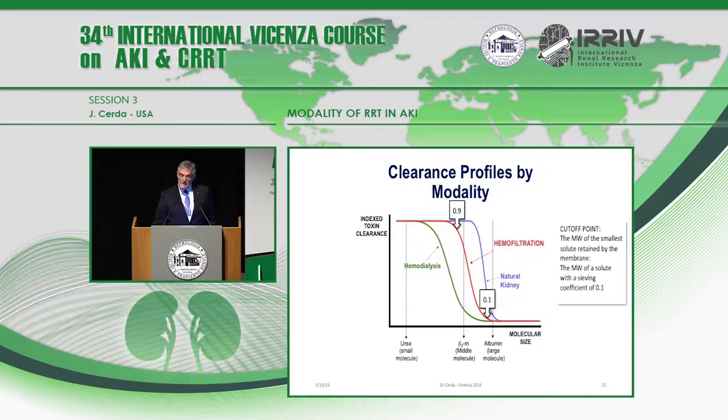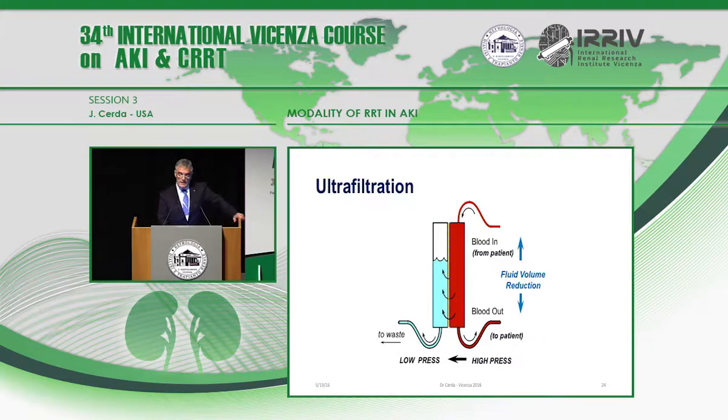But in essence, to define what the membrane behaves like, one needs to know not only the cutoff at 0.1, but also at 0.9, so one knows what the profile of molecules that will be transported is like.